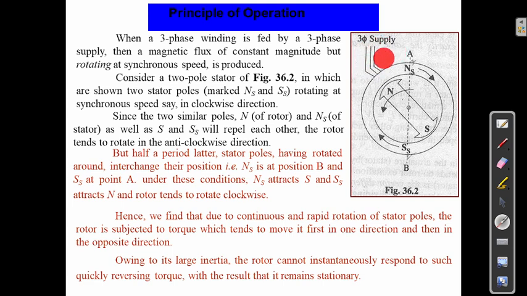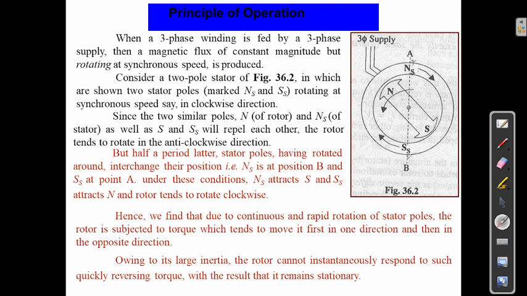Here the three phase supply is given, and when a three phase winding is fed by a three phase supply, a magnetic flux of constant magnitude but rotating at synchronous speed is produced.